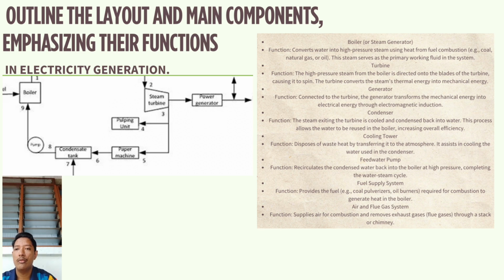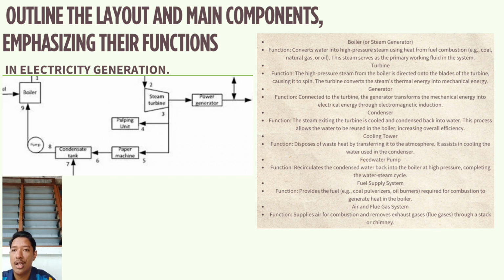Number four is the condenser. Its function is that the steam exiting the turbine is cooled and condensed back into water. This process allows the water to be reused in the boiler, increasing overall efficiency.